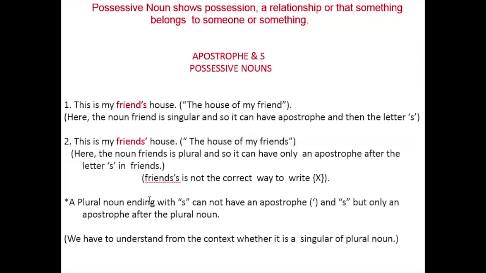Once again, F-R-I-E-N-D-S apostrophe S is not the correct way to write. Remember that very well. A plural noun ending with S cannot have an apostrophe and S, but only an apostrophe after the plural noun, which ends with S. We have to understand from the context whether it is a singular or plural noun. Clear?